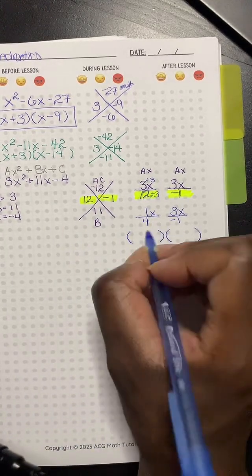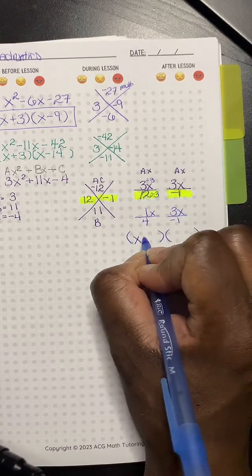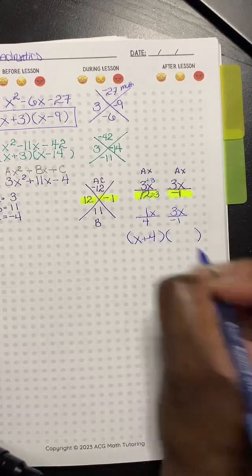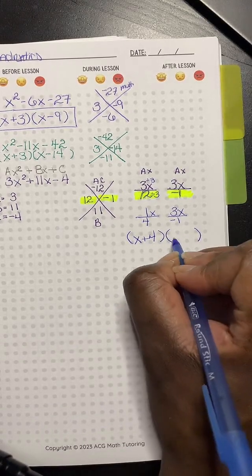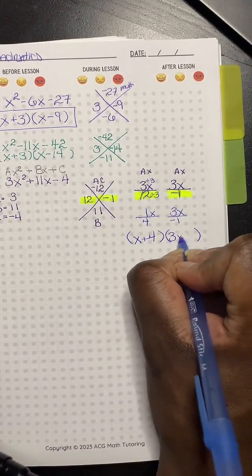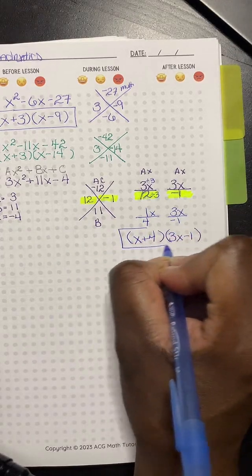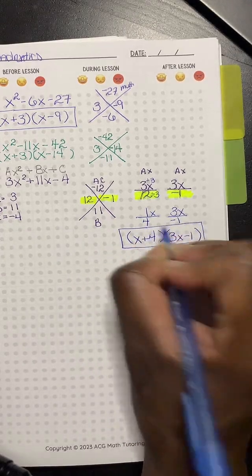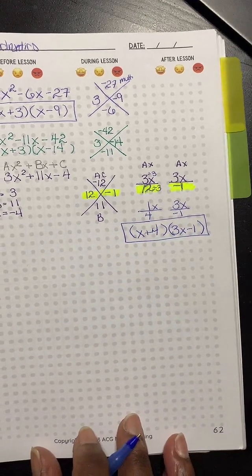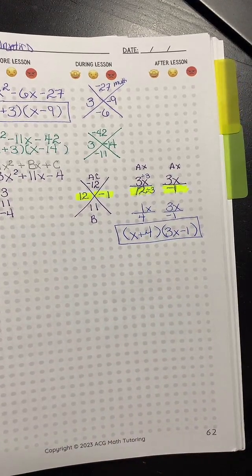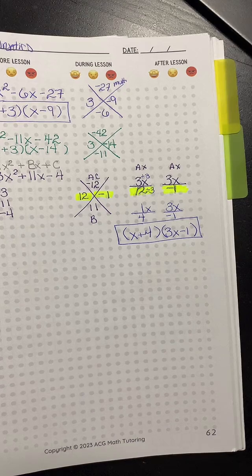This first one is 1x, or just x, plus 4. The second one is 3x minus 1. So that's called the AC method.